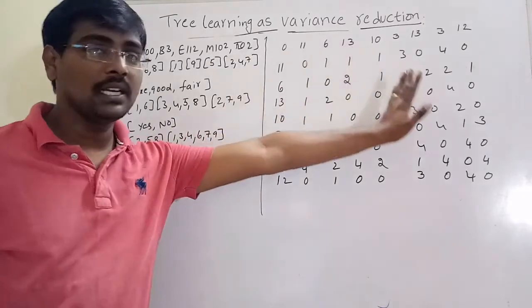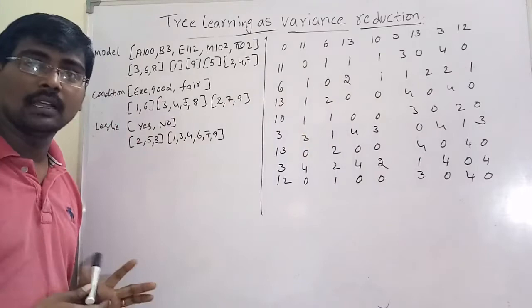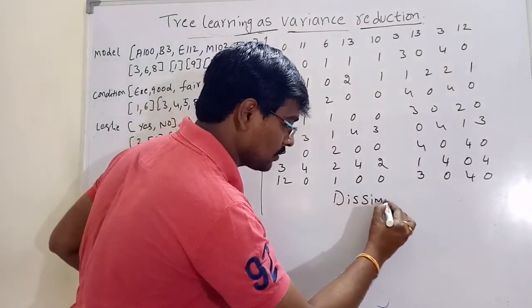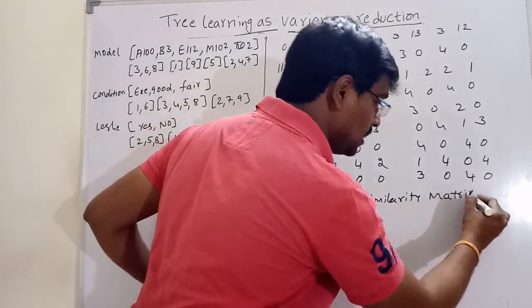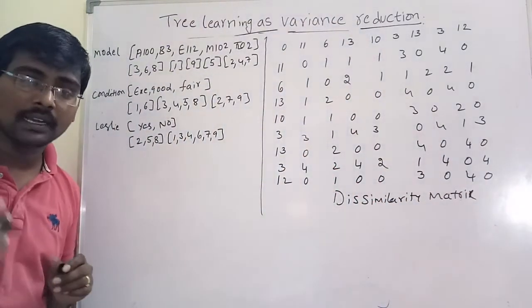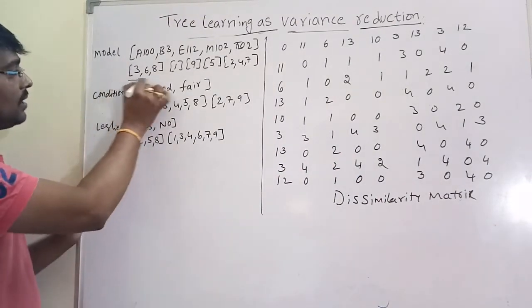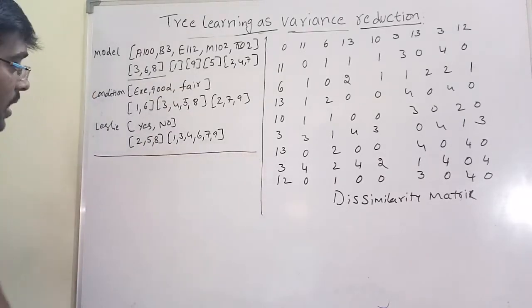Now this is the dissimilarity matrix. If you are given this input only, I am calculating from it. Based on this dissimilarity matrix, I am calculating the operations. First I am calculating the dissimilarity for 3, 6 and 8.